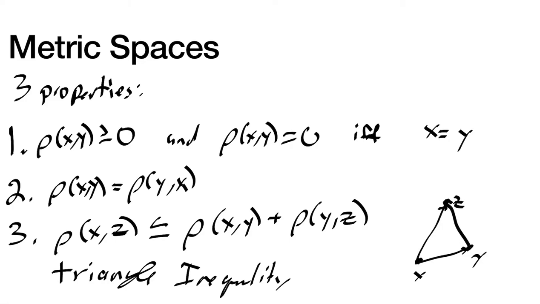If y is somewhere on the way, then it's the same as taking the two distances between. So if y is right in the way, then you go through y on the way to z and the two distances add. But if y is out of the way, then it's further to go through y than it is to go directly to z. So this is the triangle inequality. These are the three basic properties of metric spaces.